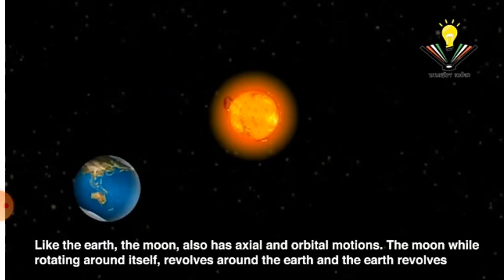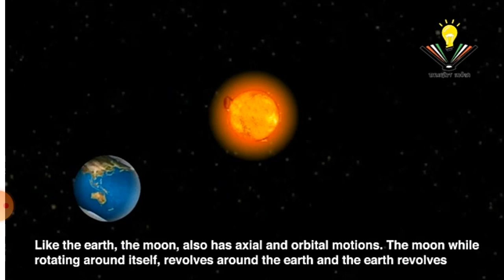Like the earth, the moon also has axial and orbital motions. The moon, while rotating around itself, revolves around the earth and the earth revolves around the sun.